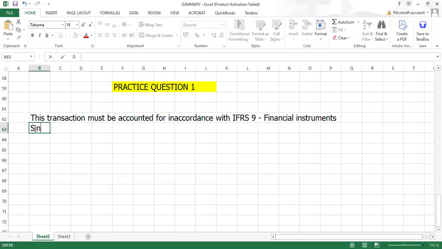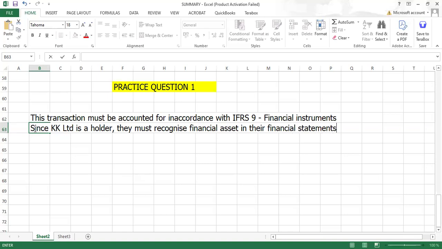Okay, since they must recognize the financial asset in their financial statements.